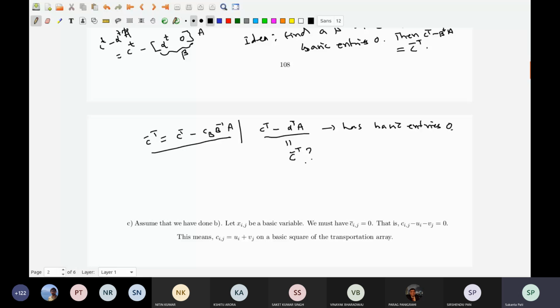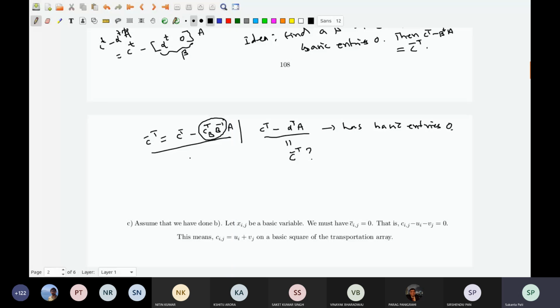The answer is yes. That is what I showed, because C transpose can be written as CB transpose CC transpose, A can be written as BC, and then from there you can see that alpha transpose is actually CB transpose B inverse. So how do you compute your C bar transpose?